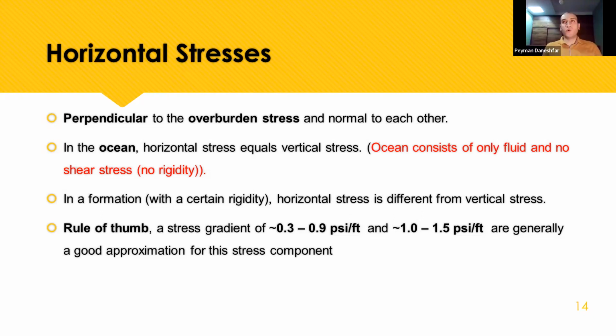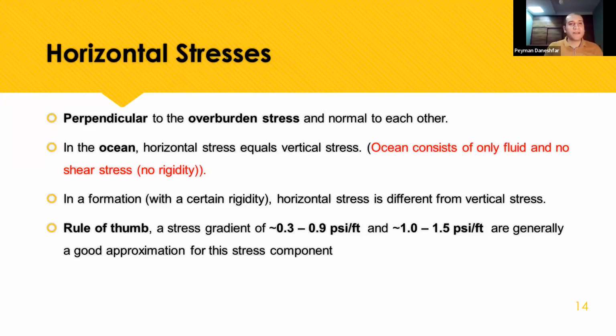But in an ocean, because we don't have any rigidity, our horizontal stresses will be equal to the vertical stress. So if our formation has rigidity, our in-situ stresses will be different.